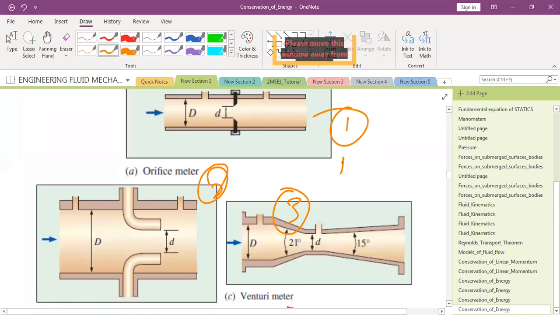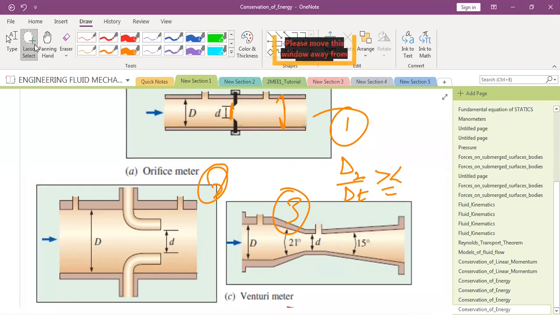So I write DT, and I should mark down d2 upon dt. Should this be greater than 1 or less than 1? Less than 1. Okay, so this should be less than 1.